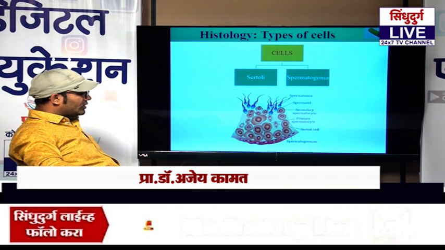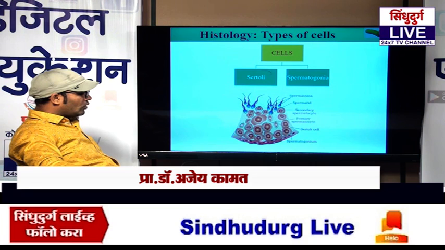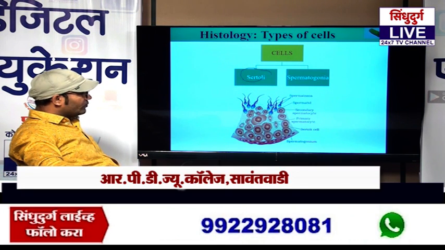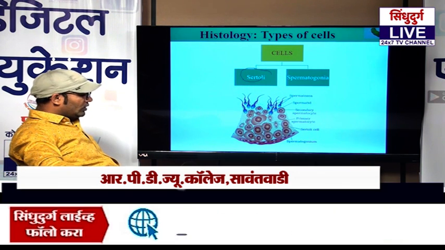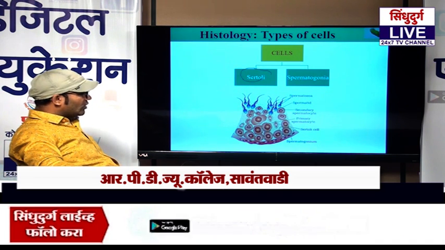Within the testis, there are majorly two types of cells. One is the Sertoli cell, and the other is the Leydig cells, along with spermatogonia. Here you can see the spermatogonia easily in the diagram, followed by the Sertoli cells.